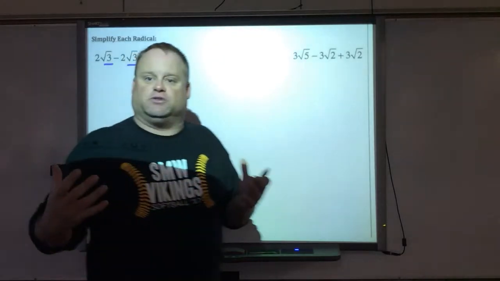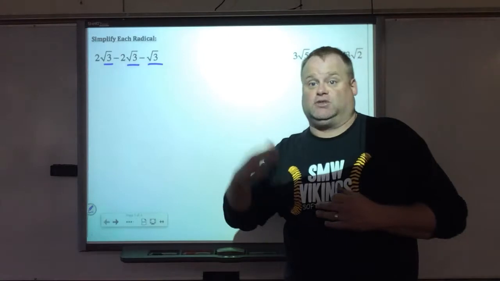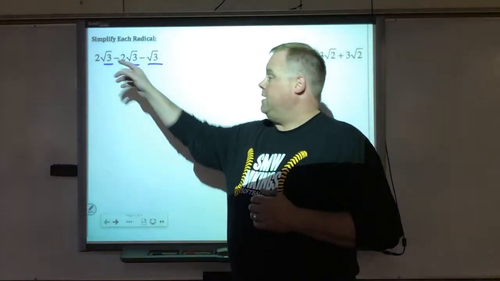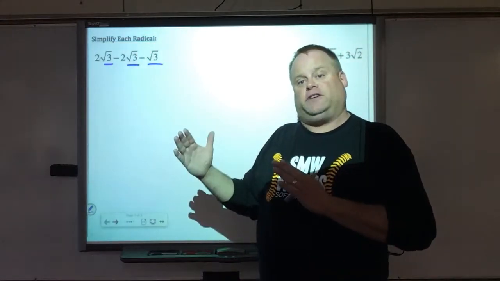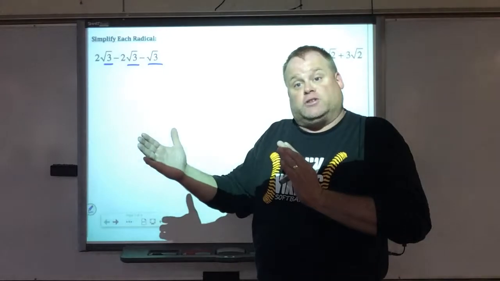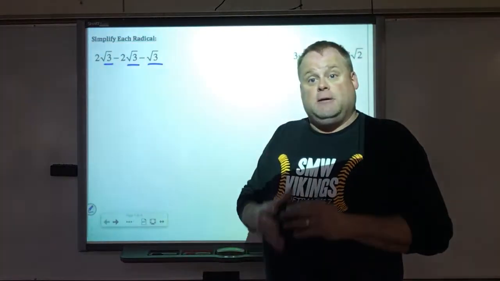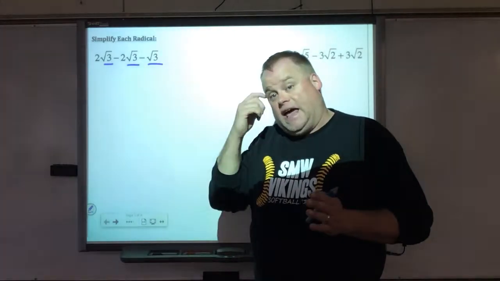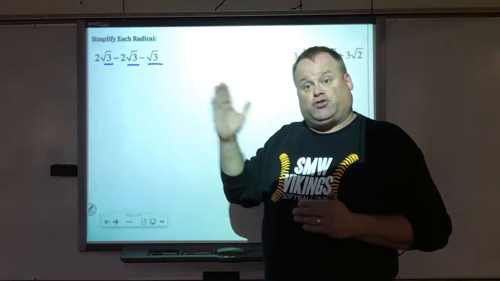Just like if it was all x's, y's, z's, it doesn't matter what variable. If they're all the same, then what do I do with the coefficients when I'm adding or subtracting? I'm just adding or subtracting the coefficients, correct? In this case, the radical is treated just like a variable, the same way.